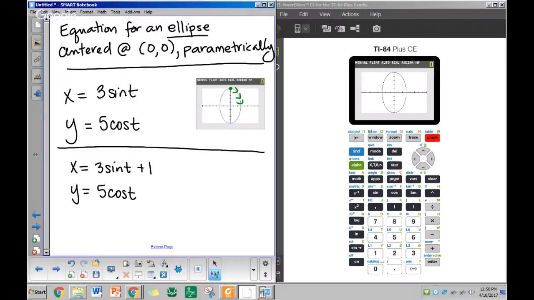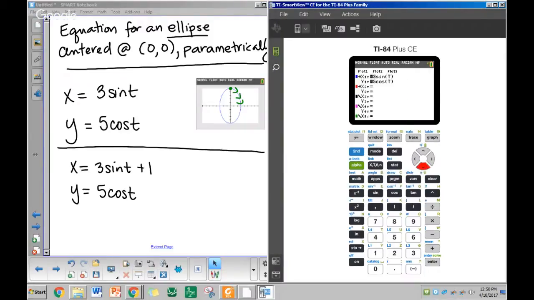Let's see what happens. Now I'm going to put this in a second parametric, which is underneath it, so I can see it, and mine will be a different color when I draw it. Okay, so what are we going to do? We're going to say 3 sine of t, close parentheses, plus 1. Hop down and then say 5 cosine of t. And let's see what happens.